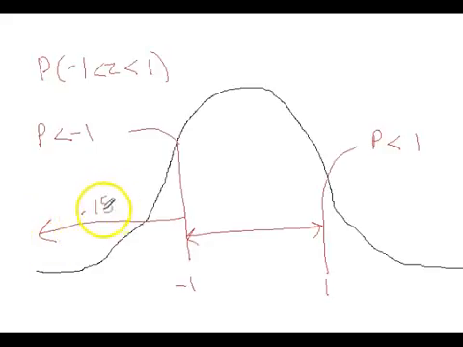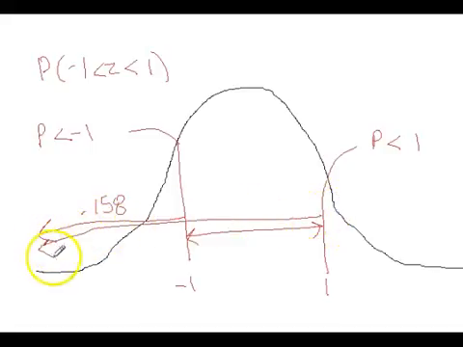So 0.158 of all observations are going to be less than -1. And about 84.1% will be less than 1 standard deviation. So we just need to find the difference between these two now, right? So if I take this full 0.841 and I subtract that 0.158, I'm going to be left with what's in between the two. So I really just need to do some simple math.